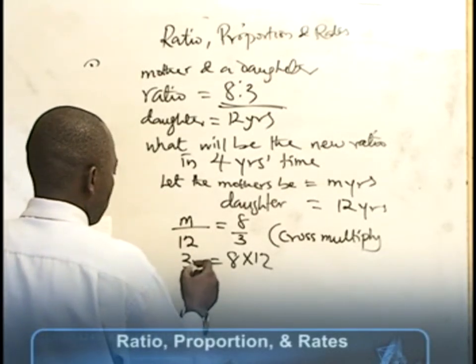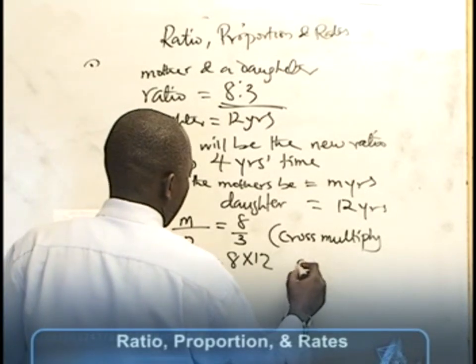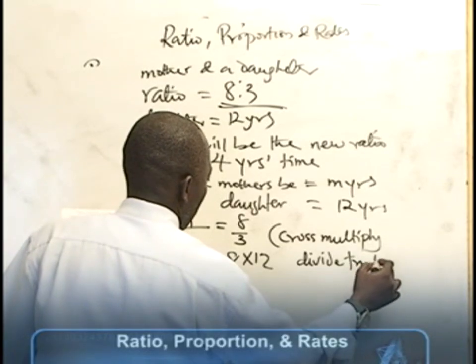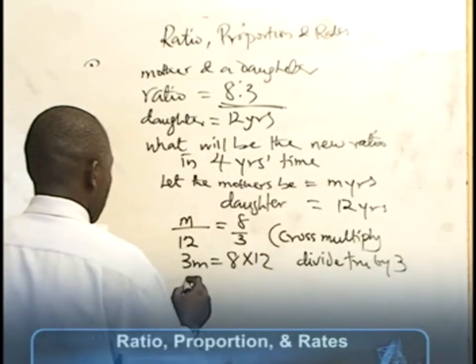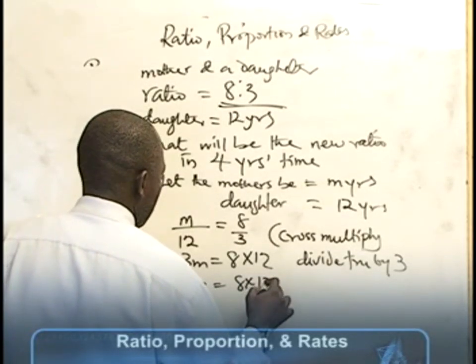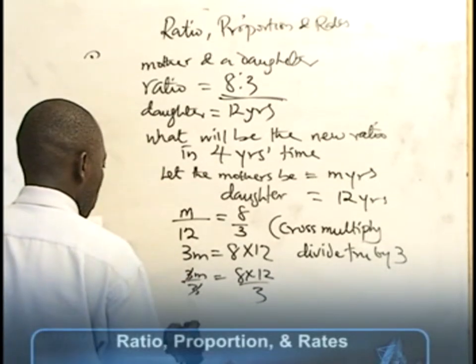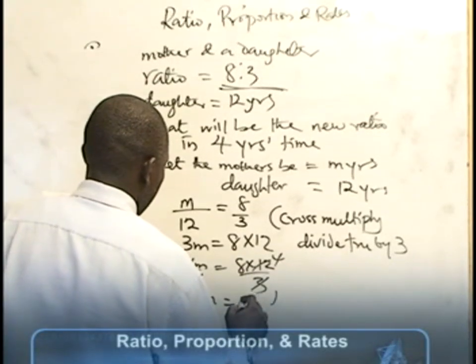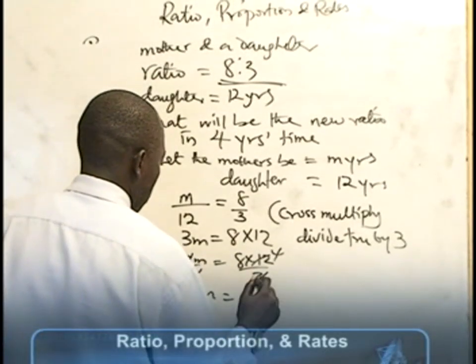Then you make m subject of the formula by dividing through by 3. So you have 3m over 3 equals 8 times 12 over 3. 3 cancels 3, 3 here 1, here 4. So the age of the mother is 32 years.